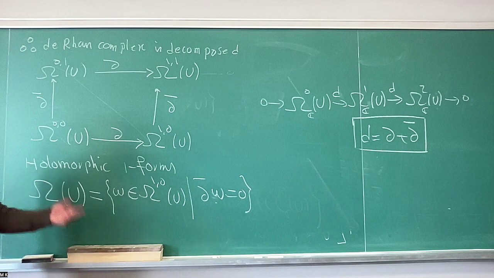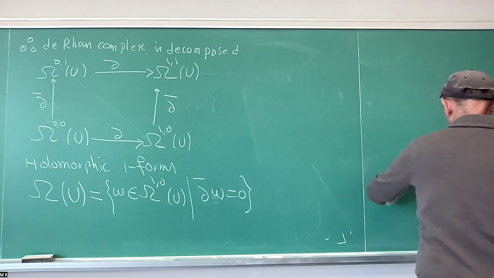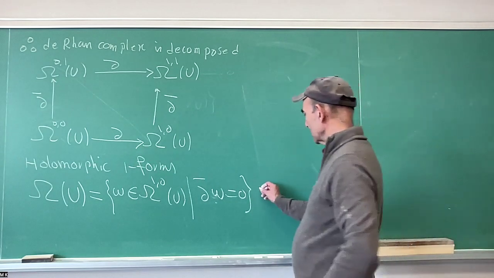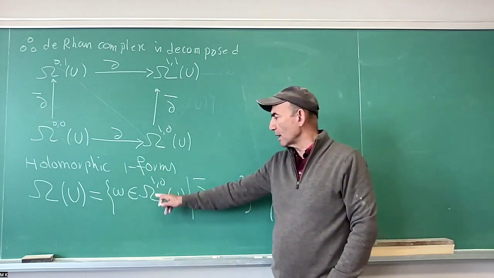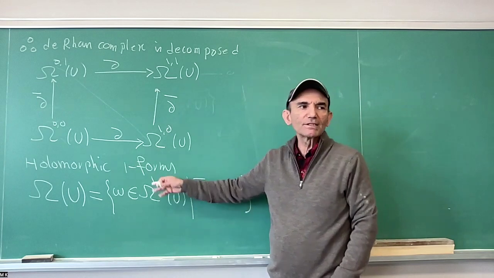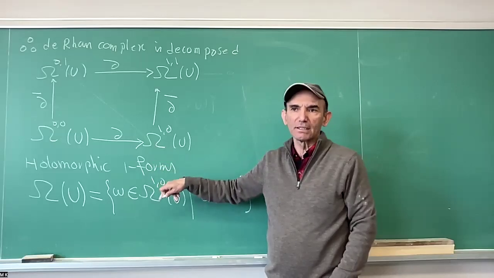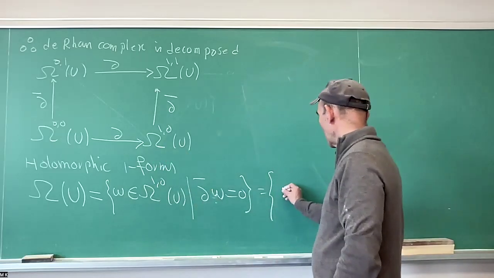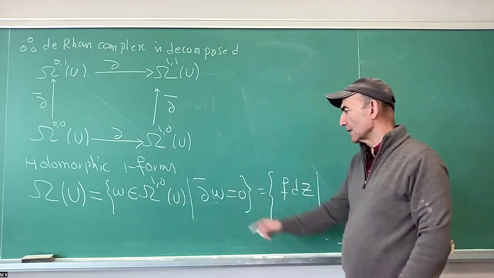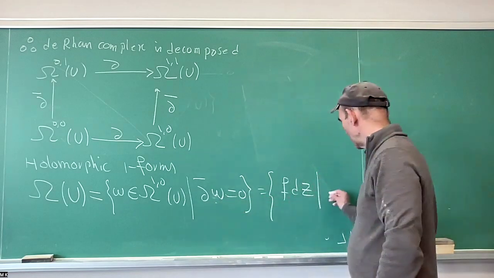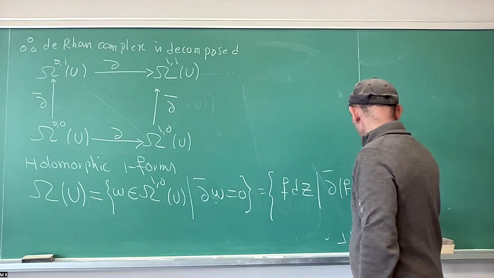Okay, so now let's explore this a little bit. This is the set of all omega in omega 1,0. How does it look? If something is in omega 1,0, it is a function times dz, right? That's what it is. So there is the set of f dz such that del bar of f dz is equal to 0.